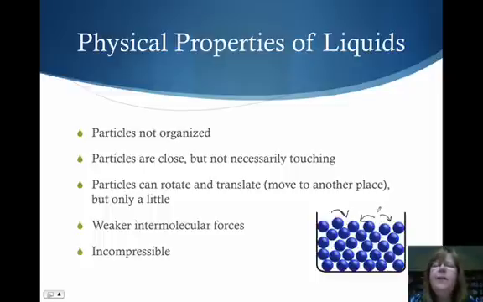And very few of them can do something that we call translation, which just means they can move to another place, but not very many of them can do that. They have weaker intermolecular forces, so they're not stuck together quite as much. And even though there are some spaces between the molecules, you still cannot compress a liquid.